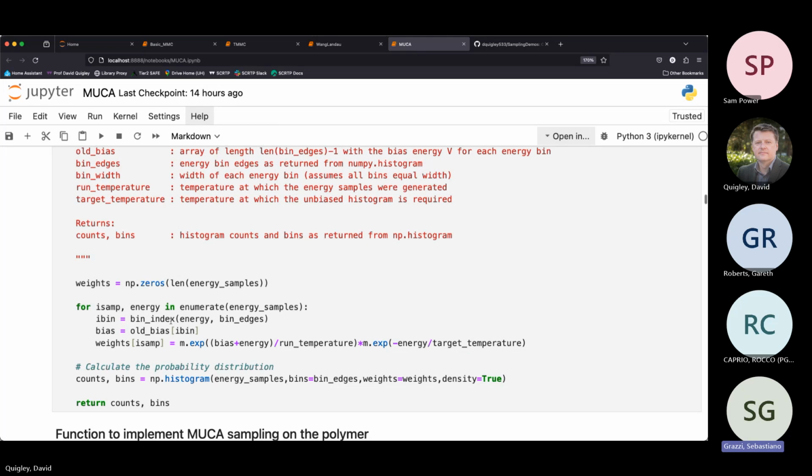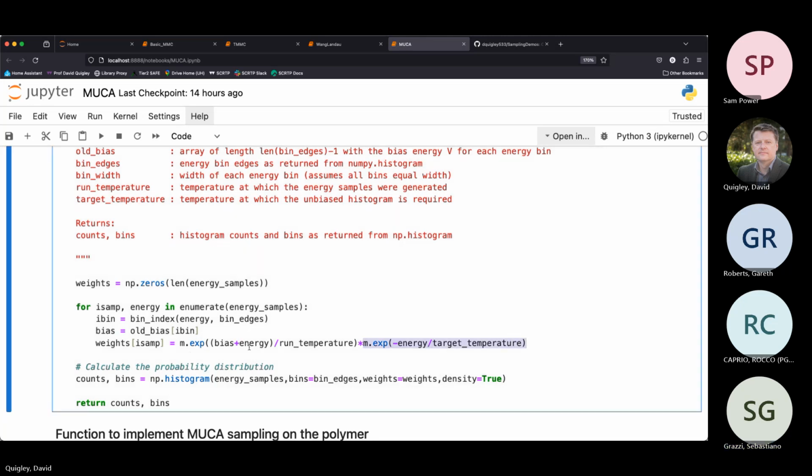I'm looping over the energy samples, which bin am I in? And then the weight for that sample is I'm just doing exactly what Pierre showed how to do yesterday, I'm multiplying by the Boltzmann factor that I want, and I'm dividing by the weight that I have in that biased ensemble.